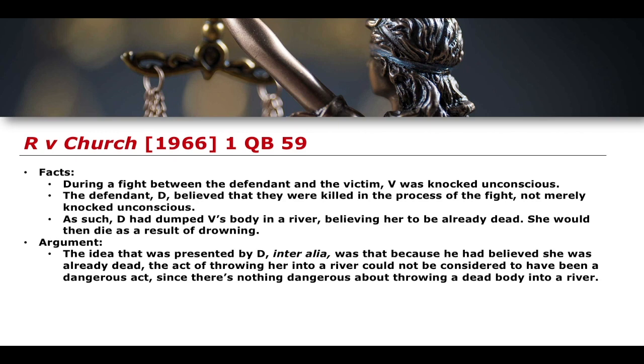Remember, the unlawful act itself has to be a dangerous act, because ultimately the construction of manslaughter through the unlawful act implies that the unlawful act itself can give rise to the death of an individual. So things like assault, things like battery, things like grievous bodily harm, in some cases even things like theft that goes awry and causes damage to another individual physically.